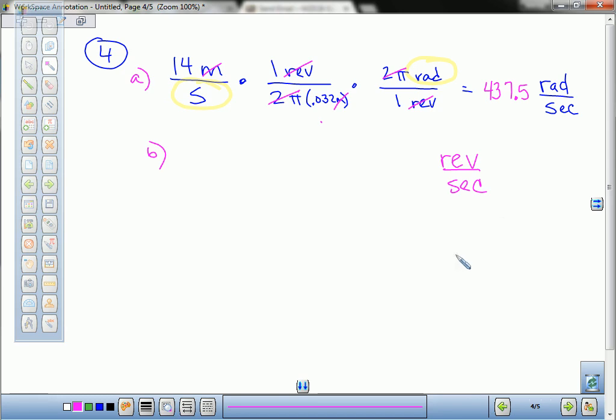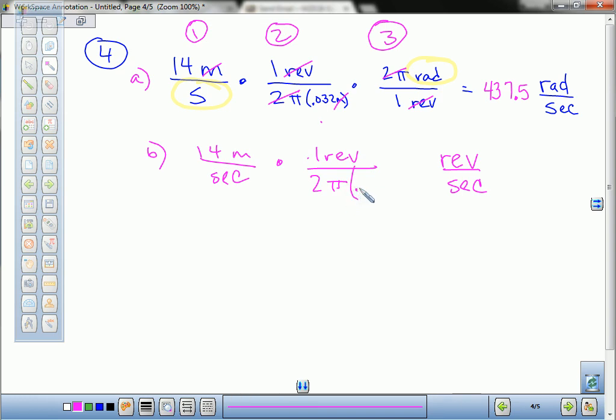Which parts do I need, 1, 2, or 3? Just 1 and 2. If I did 14 meters over seconds times 1 revolution over 2 pi times 0.032 meters, that gives me revolutions per second.